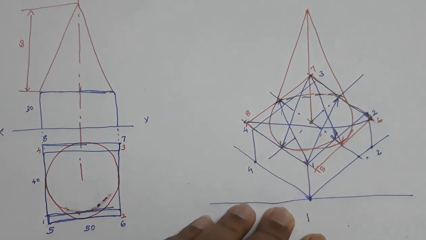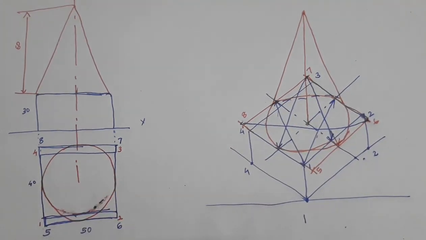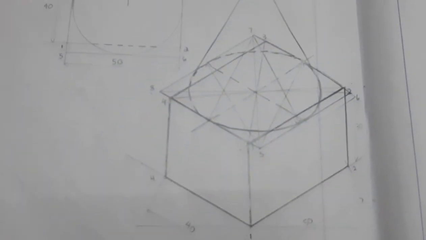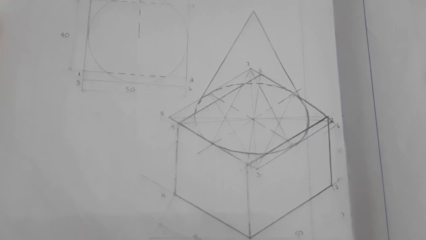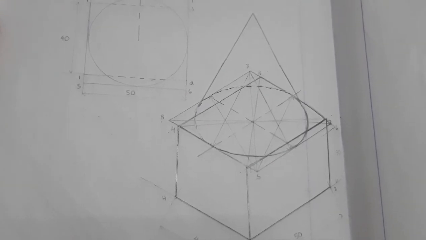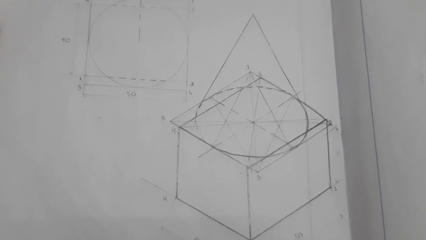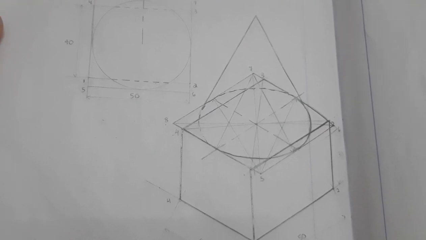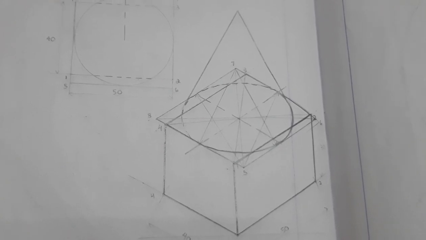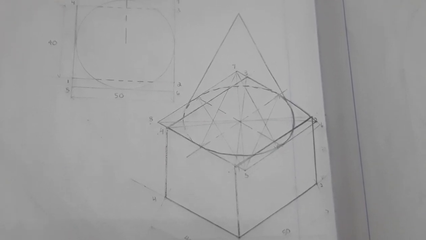The rest of the portion is visible. So with this, we have completed the drawing of a circular cone, and this is how it finally looks. You can see the rectangular block completely inside, and above the central point you can see the cone, and in the final image you can see that the cone is placed centrally over the rectangular block.